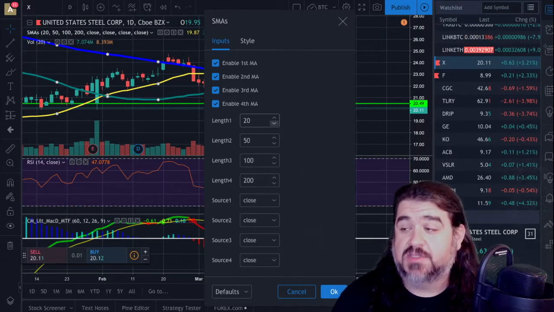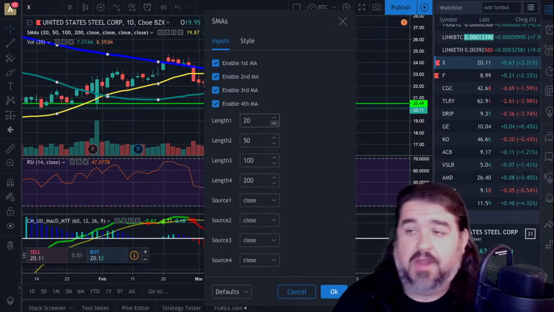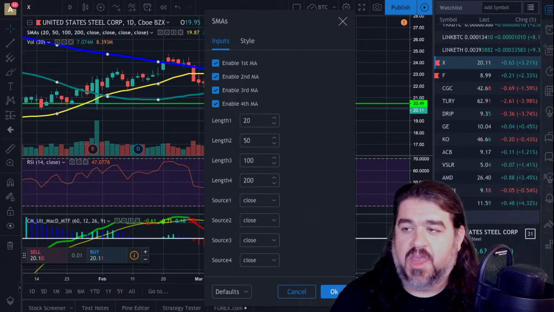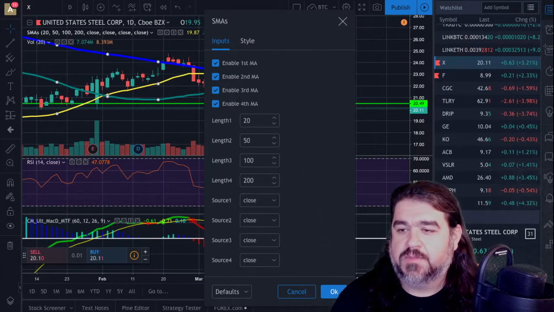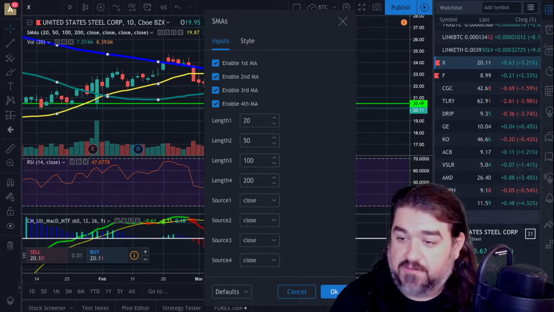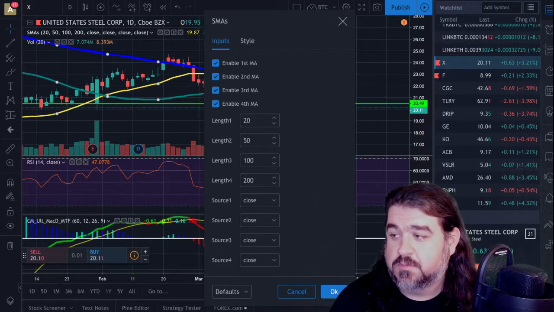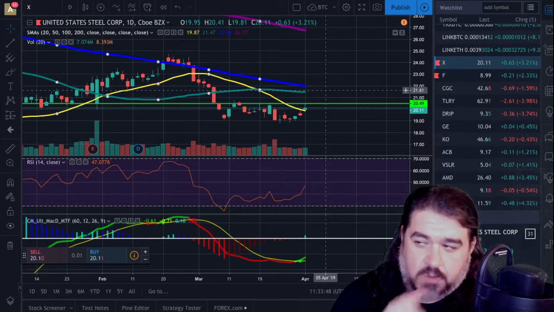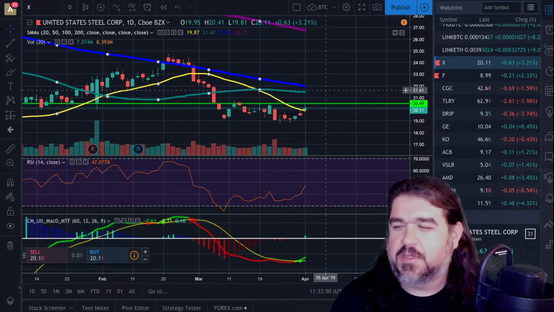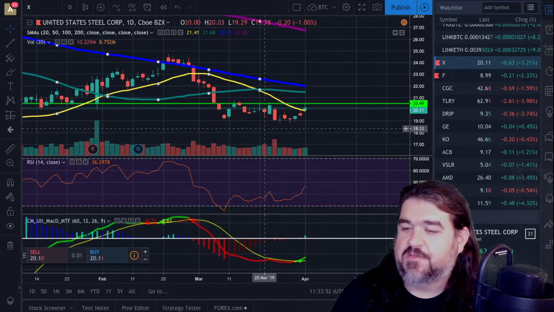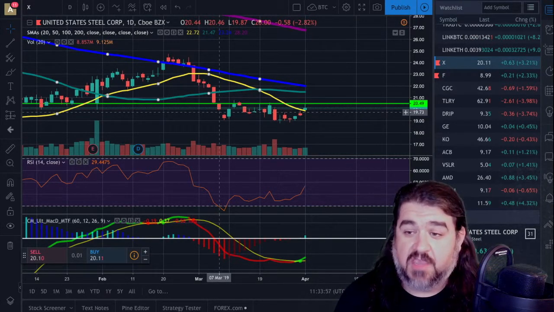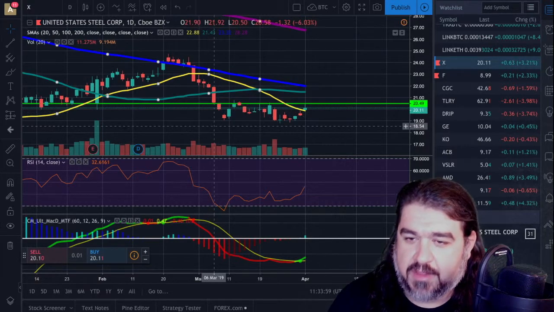The 20 is a little bit more of a significant indicator, and does a really good job showing you when you have uptrends and downtrends. So I like following the 20, and then the 50, 100, and 200. I also edit the colors a little bit to make it more legible for myself. So you can start with what they give you, and then you can customize colors and that kind of thing.